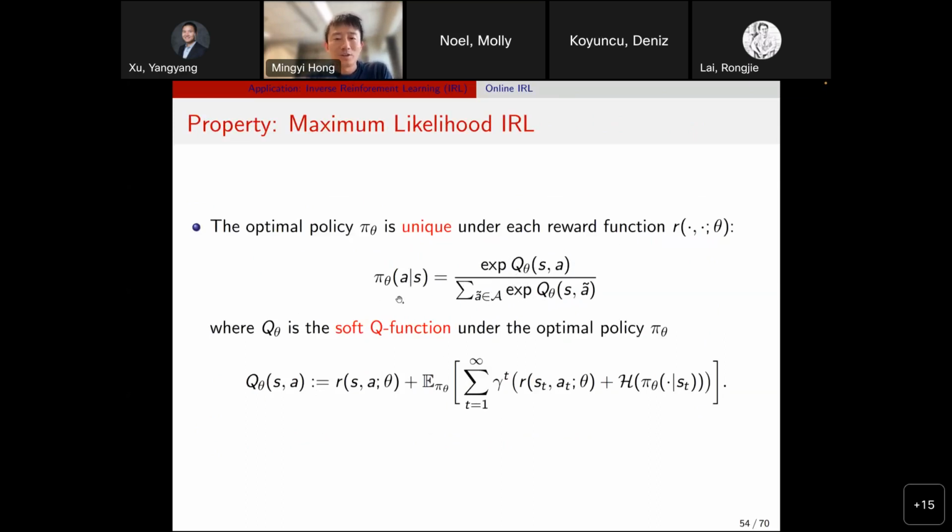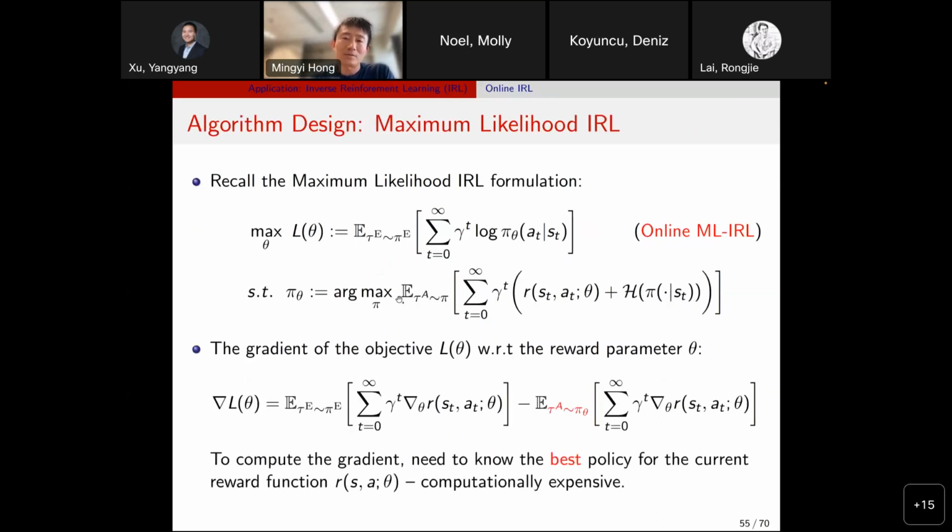We can utilize this property to compute the gradient for the outer level problem relatively easily. I'm not going to go into detail, but you don't need Hessian computation in this case. The gradient is relatively easily computed, although you still have two expectations, so you still need to do sampling and everything.